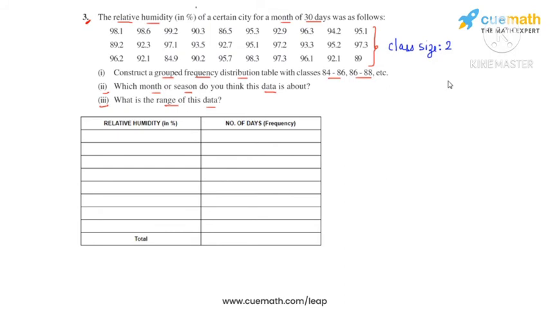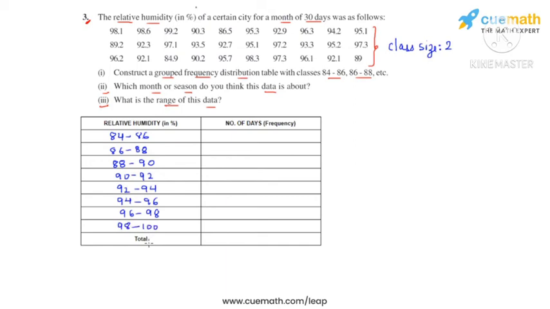So we have the first class which is 84 to 86, then 86 to 88, 88 to 90, 90 to 92, 92 to 94, 94 to 96, 96 to 98, and finally 98 to 100.